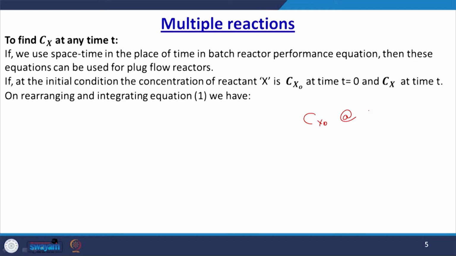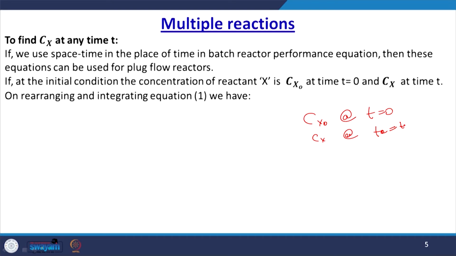If we use space time in place of time in the batch reactor performance equation, then these equations can be used for plug flow reactor too. At the initial condition, the concentration of reactant X is Cx naught at time t equal to 0 and Cx at time t.